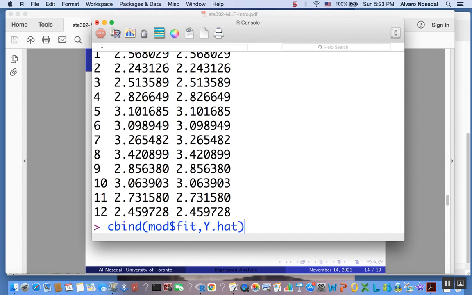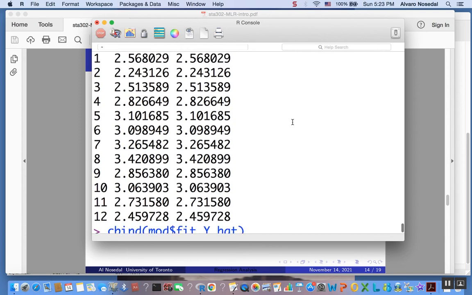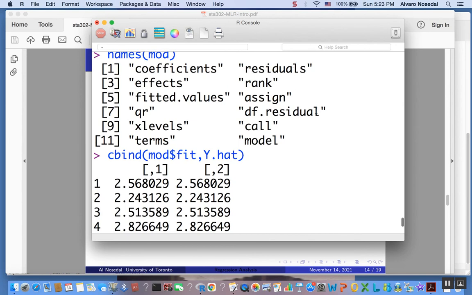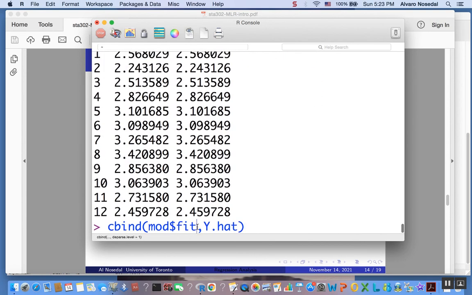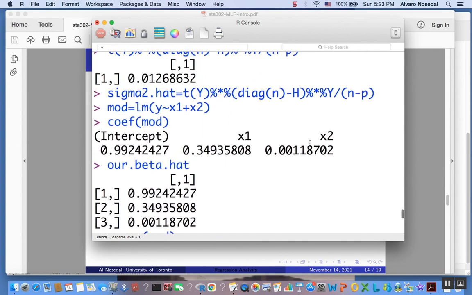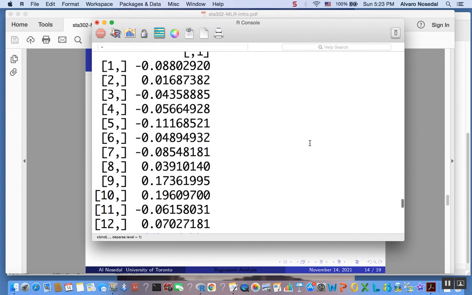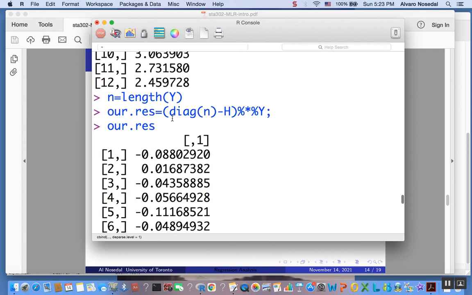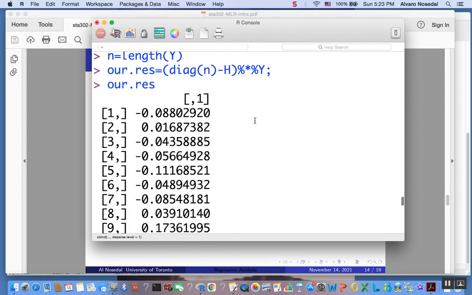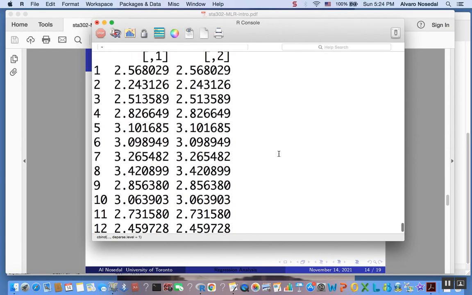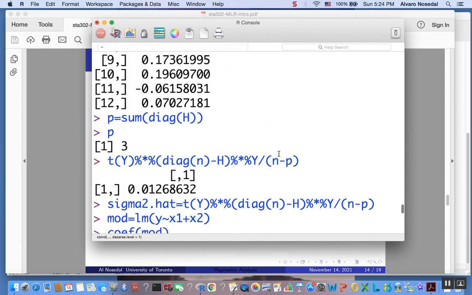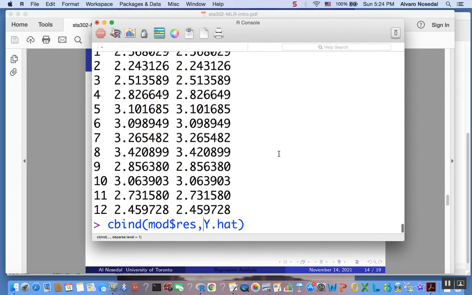Now, let's do the same and compare the residuals. We know that the residuals are here, so if we type just res, I'm sure that R will give us what we want. And then our residuals, which we obtained by again using a matrix multiplication that looked like this: I minus H times y. Let me see again the name. It's our res.